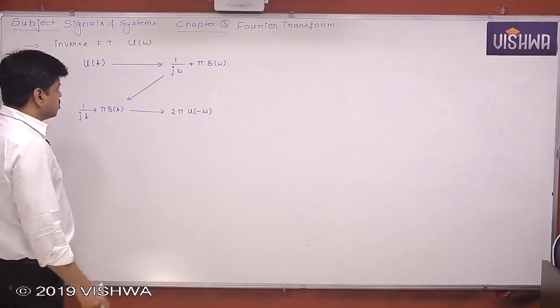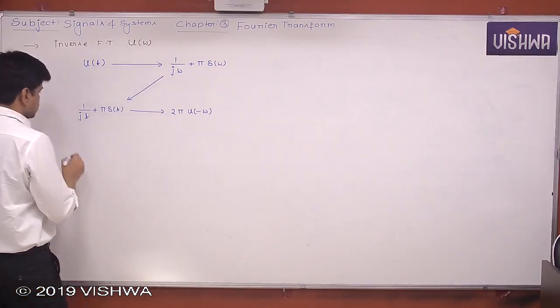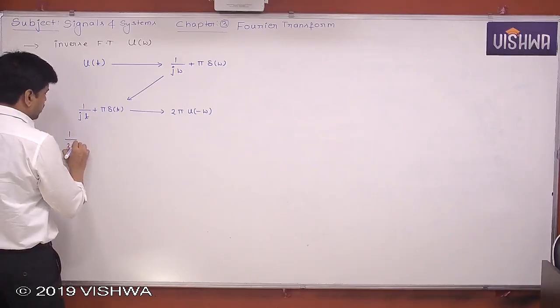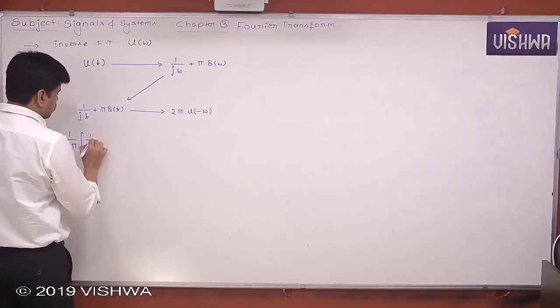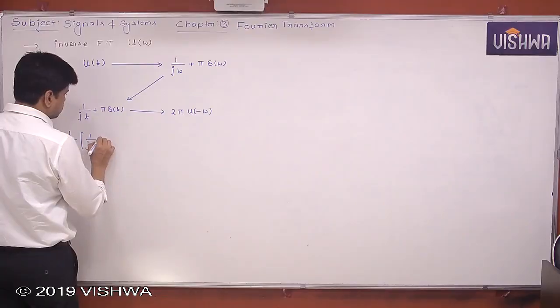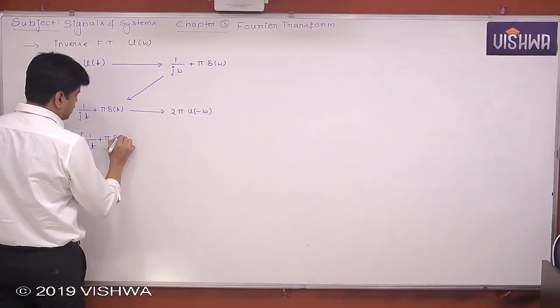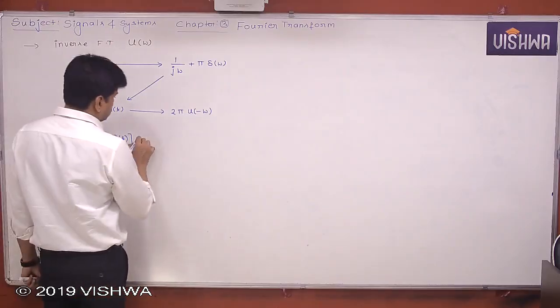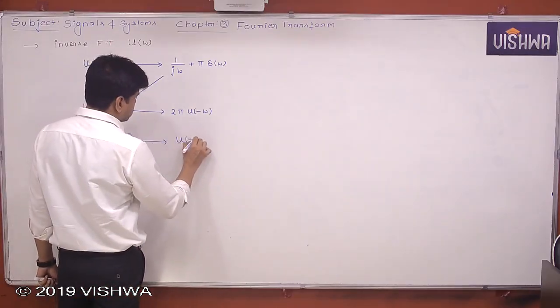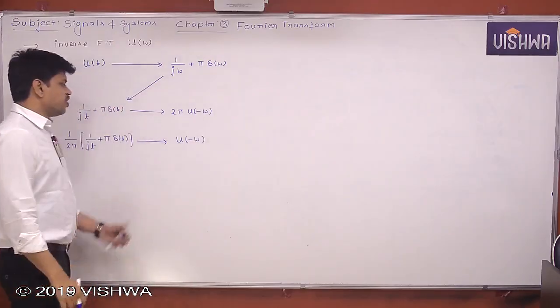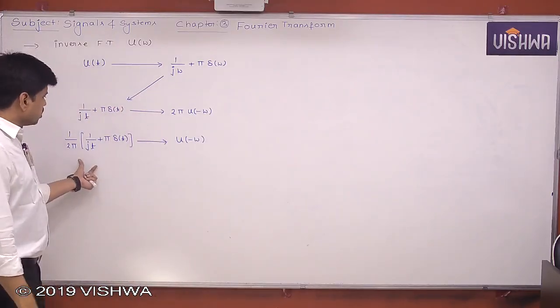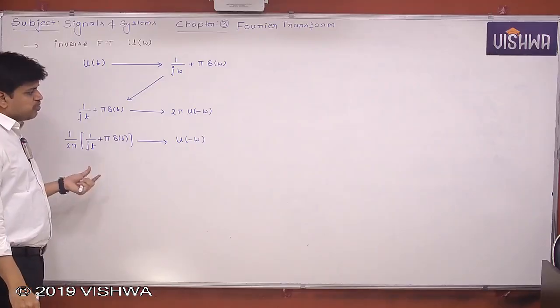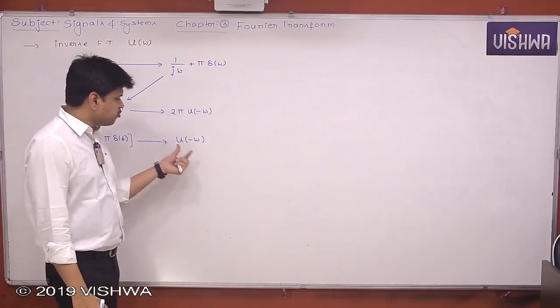Now bring this 2 pi here, then this is 1 by 2 pi into 1 by jt plus pi delta t, and here u of minus omega. So this is the inverse Fourier transform for u of minus omega, but we require the inverse Fourier transform for u of omega.